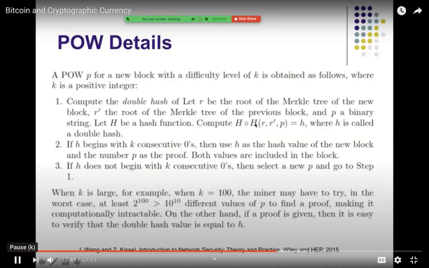So we hash and hash again, so that I obtain a fixed length value. This H is called a double hash because we hash these three parameters, R, R prime, and P, by using H twice.